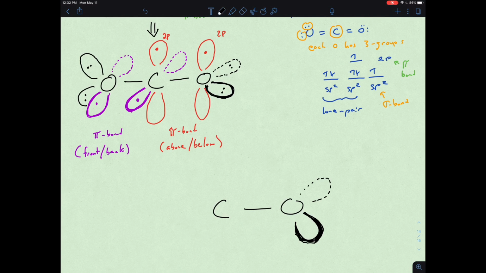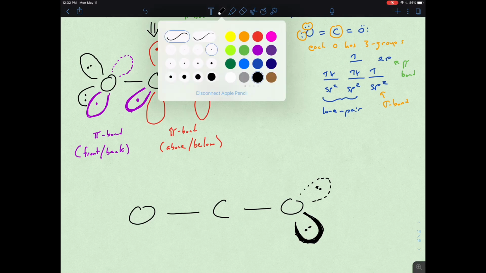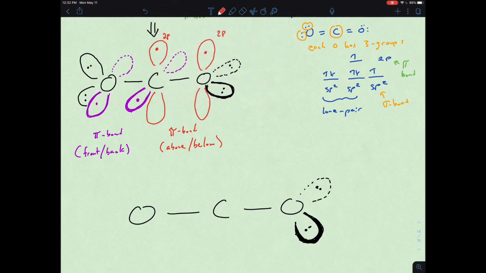So we have that, and then we have the other oxygen. I'll leave that out for now. We have the above and below one, which is the easier one to really draw.